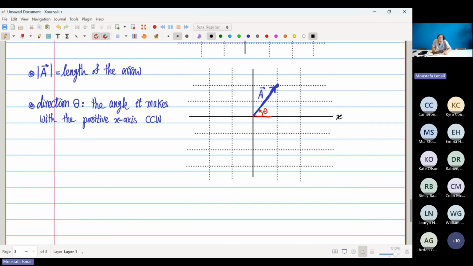In terms of its components, this vector can be written as ax and ay here. So this would be ax, this would be ay. And now I dropped the vector notation because I'm talking about the components, the lengths, and the direction is encoded in the unit vectors. So I'm only talking about the components here.